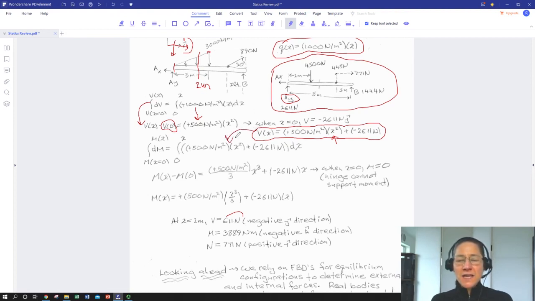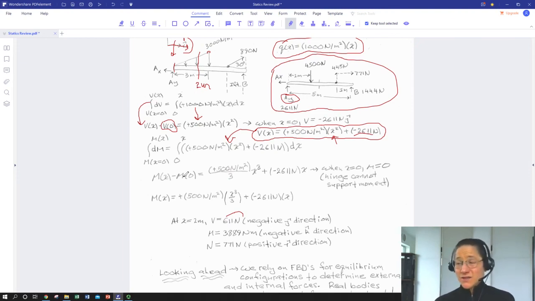And it's the full v, including its lower limit. So I put that whole expression here, and I integrate with respect to x from x equals 0 to any x in this case, and I'll get the difference in the moment at any x versus the moment at 0. Now I go back to get the moment at 0. I go back and I consider what's going on at x equals 0.